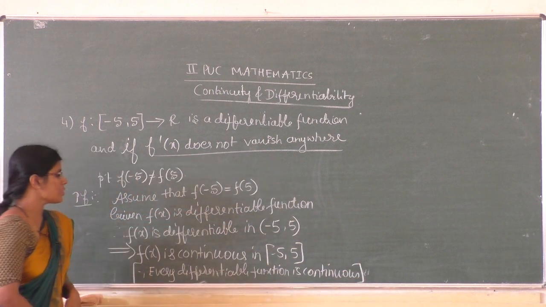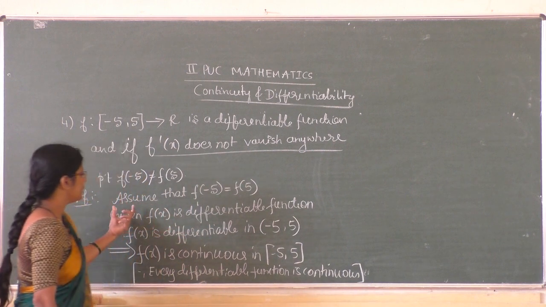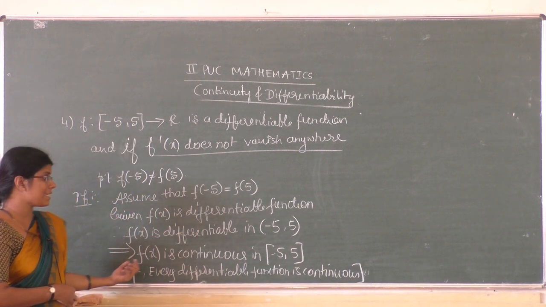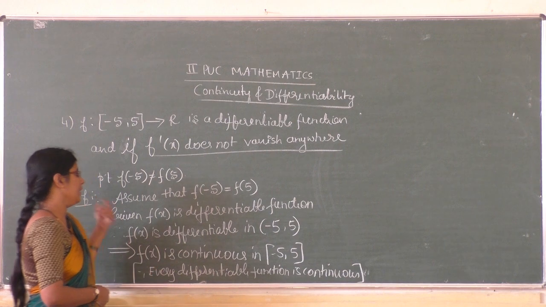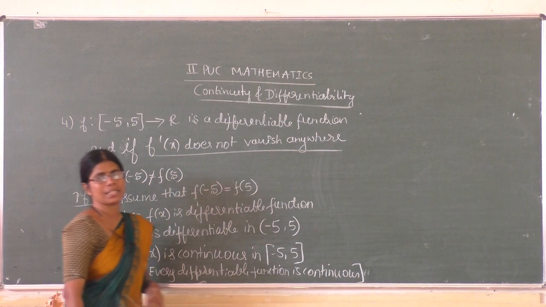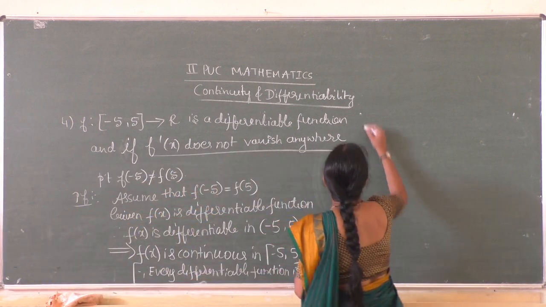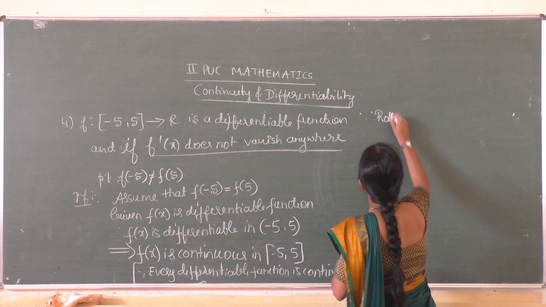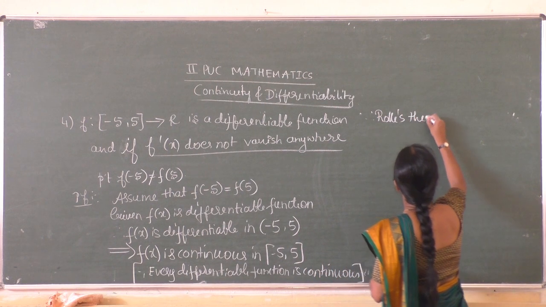So all the three postulates for Rolle's theorem are satisfied: continuous, differentiable, f of minus 5 equal to f of 5. Therefore, Rolle's theorem is applicable.